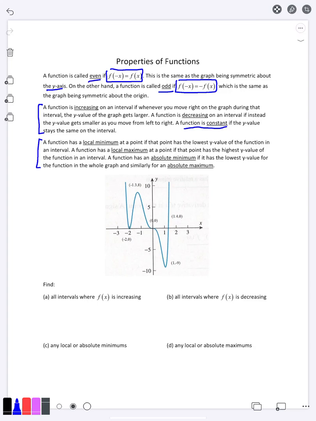The absolute ones are the easier ones to understand. The absolute min is the absolute lowest point on your graph. The absolute max is the absolute highest point on your graph, whereas the local minimum is only the lowest point in an immediate area, and the local maximum is only the highest point in an immediate area.